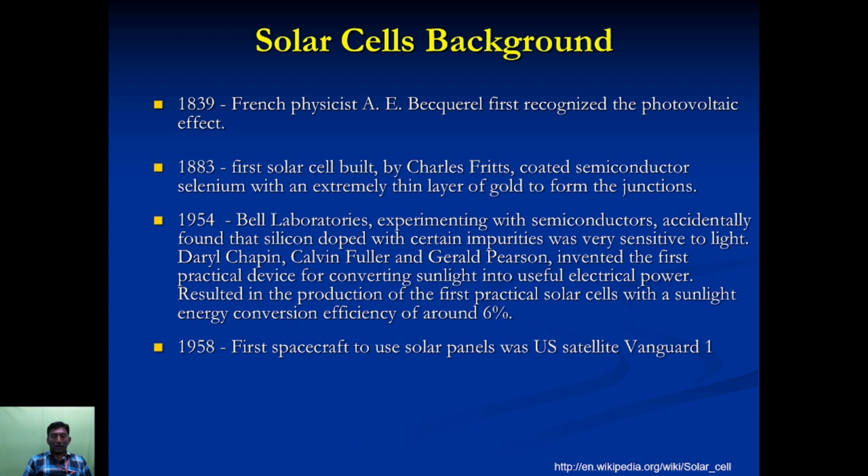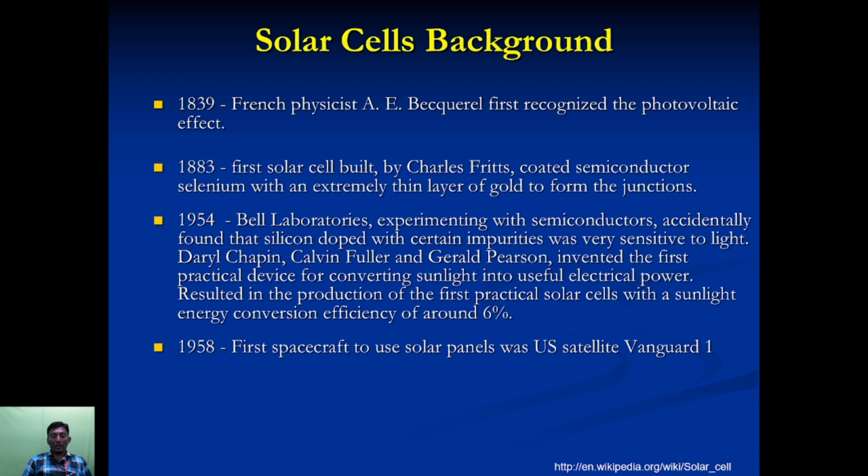Now some background of the solar cell invention. In 1839, French physicist A.E. Becquerel recognized the photovoltaic effect. In 1883, a solar cell was fabricated by Charles Fritts, coating the semiconductor selenium with an extremely thin layer of gold to form the junction. Now we are using boron and silicon.